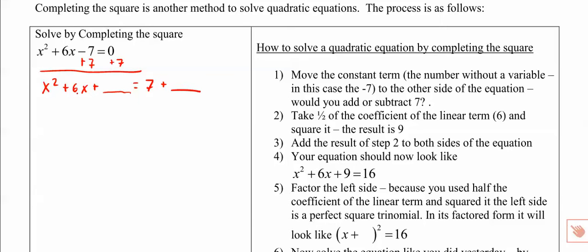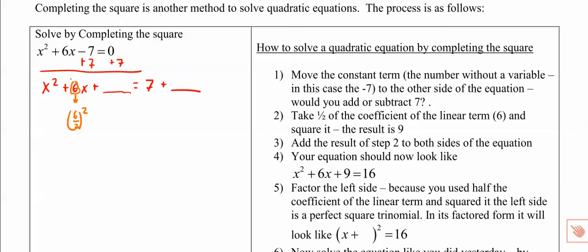Now, I want to take this number here, this 6, and I'm going to circle it. And I'm going to draw down here and go 6 divided by 2, and I'm going to square it.